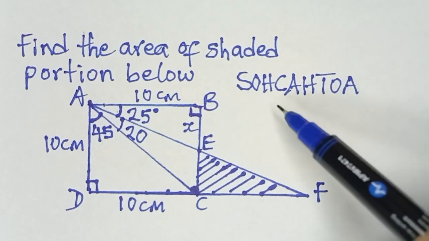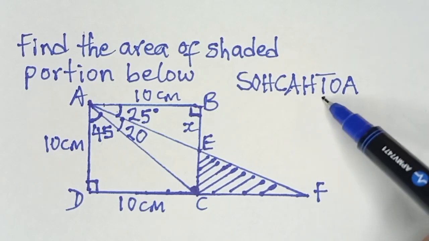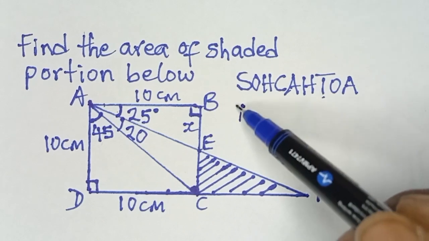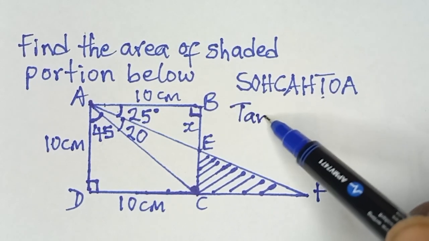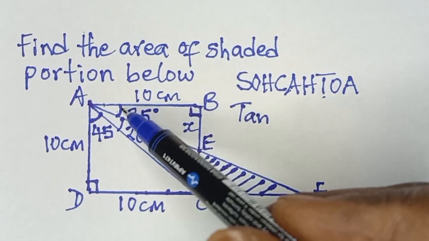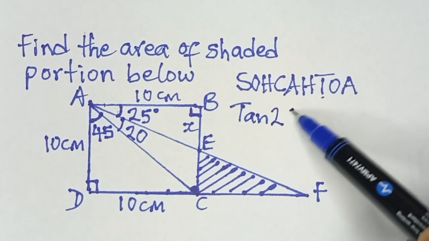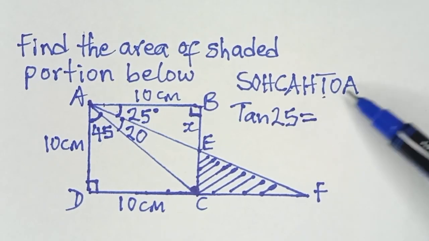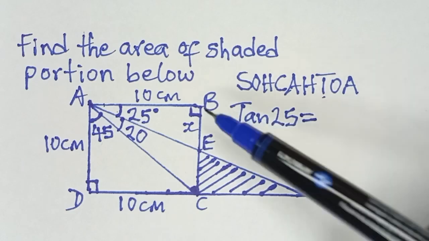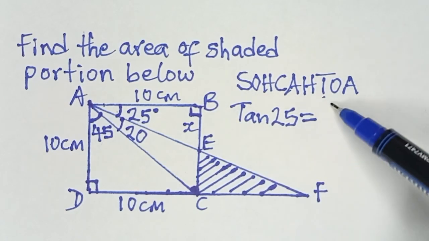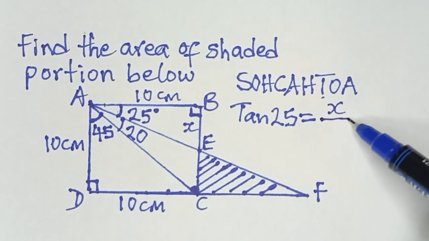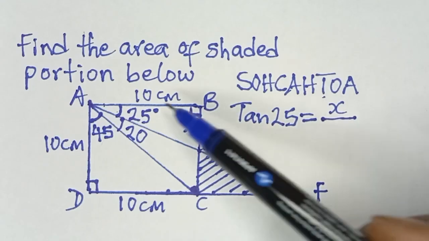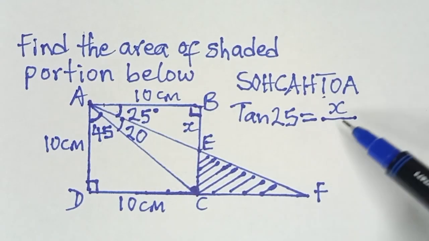So I can simply take tan. Tan 25 is equal to the opposite side, which is the X we're looking for, divided by the adjacent side, which is 10.